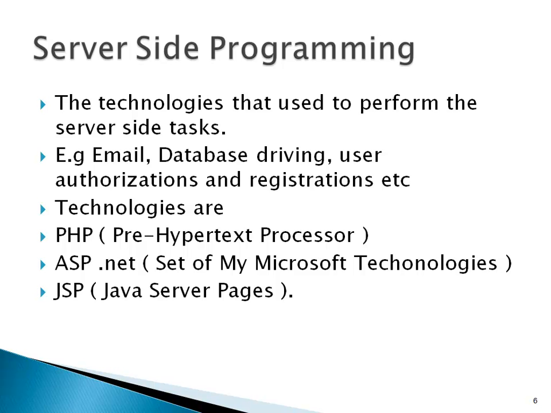The technologies used for server-side programming are PHP. PHP means pre-hypertext processing. This will be the title of our course, in which we will study PHP programming. ASP.NET is a set of Microsoft technologies that use C#, and ASP technology is also used with VB.NET or C++.NET, and Java Server Pages.